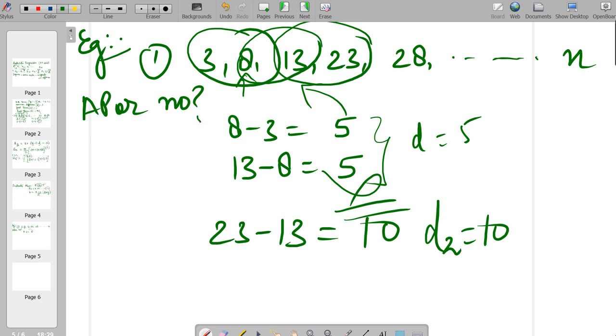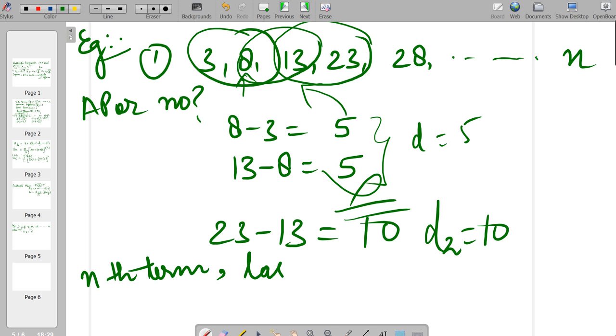So in the next session, what we'll do is we'll start with some numericals and see how we can get the nth term from any series. The number of things which can be asked in this chapter is they can ask you to find the nth term from any given series.